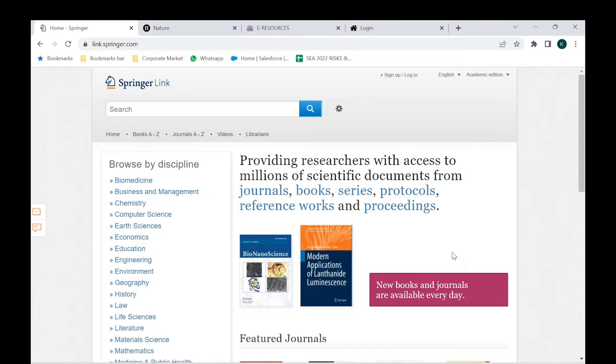A lot of that is because the findings, the research, the papers in your textbooks or in journals in databases such as Springerling have been published by reputable publishers like Springer Nature and have gone through the process of peer review.